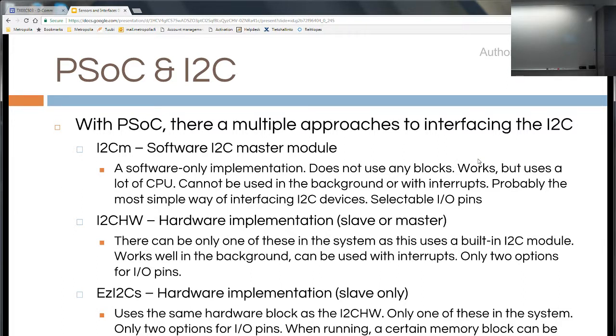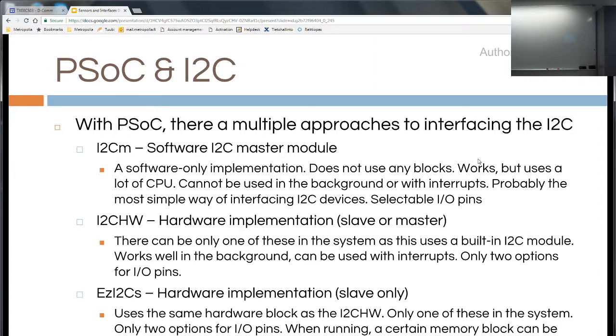It takes only some memory space, but it actually consumes quite a lot of CPU. Yeah, and it cannot be used with background or with interrupts. Well, it can, but it doesn't work.